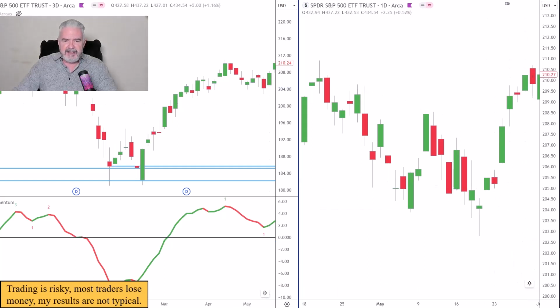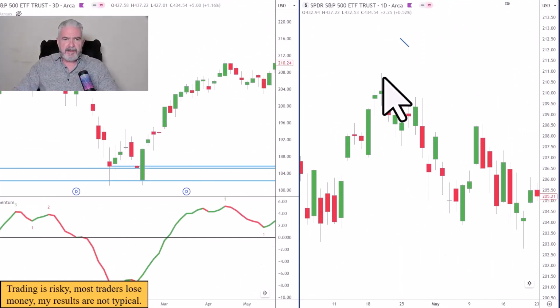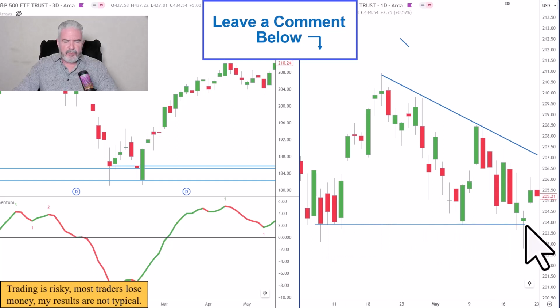So let's annotate this so you can see what I mean. Let me bring back my drawing tool. We had our lower highs, and then we had our basically equal lows, a descending triangle.